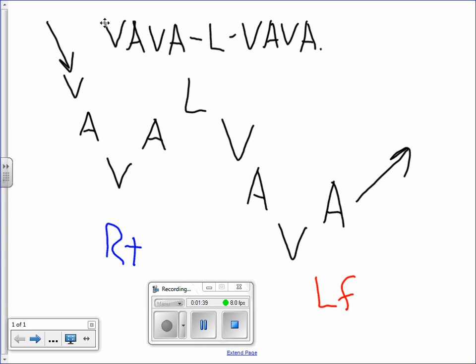And then we'll do the valves in a different color. So on the right side of the heart is deoxygenated. On the left side of the heart it is oxygenated. Please note that blood is never, ever, ever blue. Look it up.